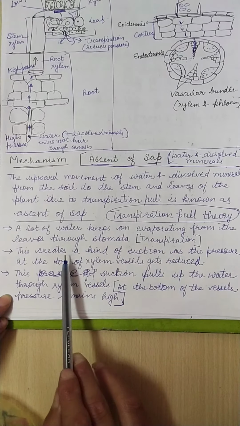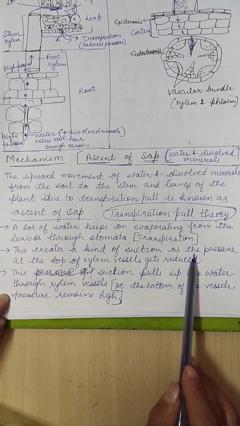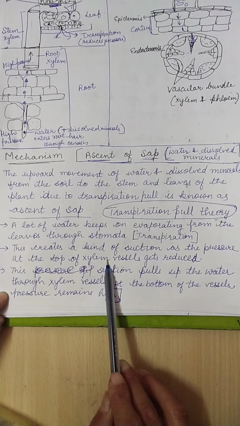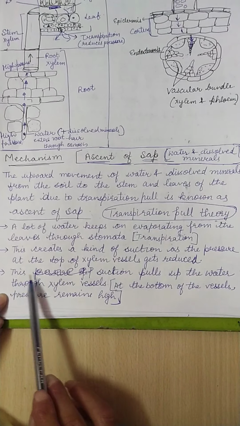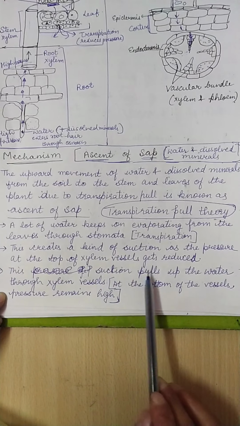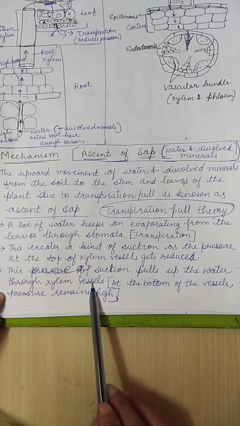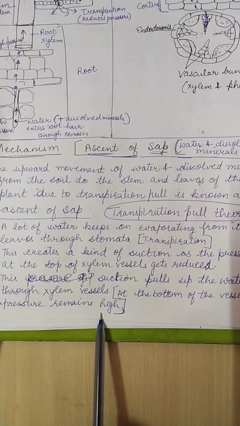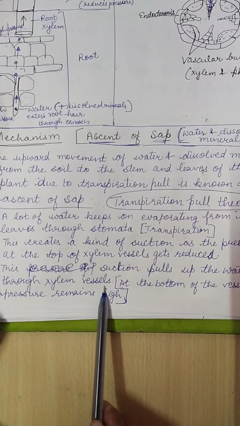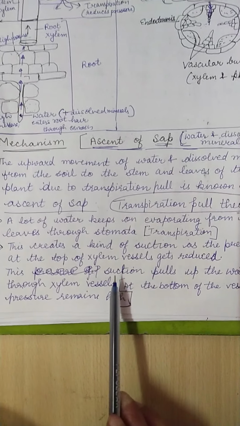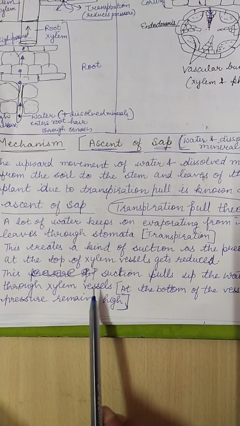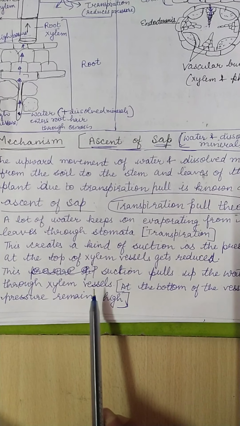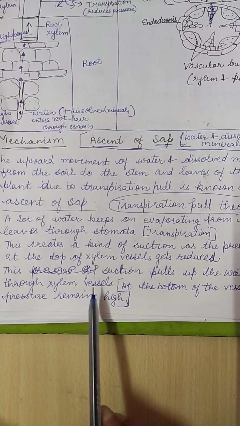Due to transpiration, a kind of suction is created because the pressure at the top of the xylem vessels gets reduced. This suction or pressure gradient pulls up the water through xylem vessels, as at the bottom of the vessels the pressure is high. So from a high osmotic potential to a low osmotic potential, water moves on. This is about the movement of water and dissolved minerals through ascent of sap through xylem vessels.